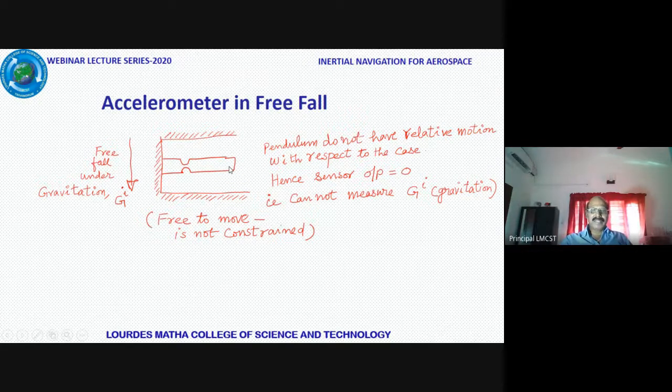Another way of telling is that when a body is falling down under gravitation, the free fall is due to this gravitation. So there is a gravitation acceleration downward.